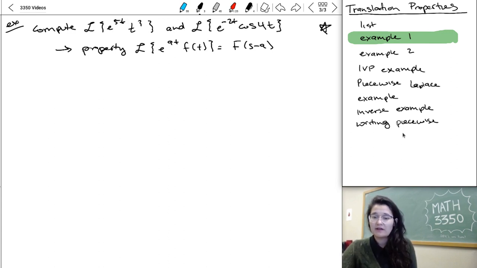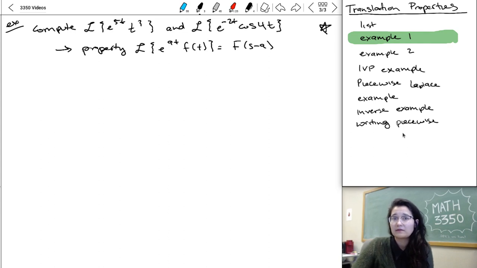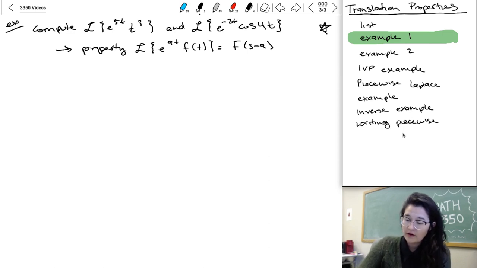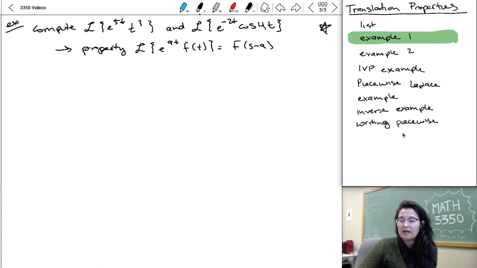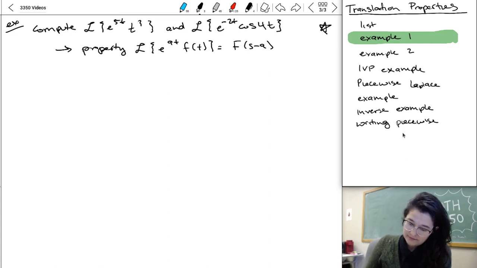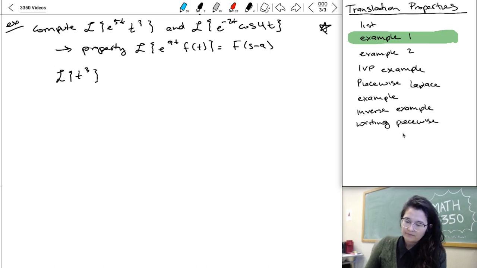Although I've not been noting that with words, in other videos it'll be denoted by stars in the video list. So since we're going to use that property, we need to define what a and little f are so that we can plug in capital F of s minus a. For this first one, my function f seems to be t cubed.